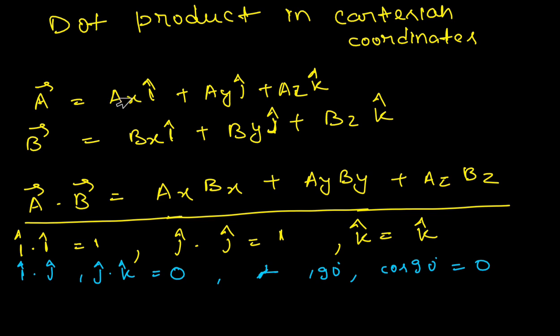So when we multiply, ax by i·j will be 0, ax bz i·k will be 0, and ax bx i·i will be 1. Similarly, ay bx j·i will be 0, ay by j·j will be 1, and ay bz j·k will be 0. So that's how we obtain this result.